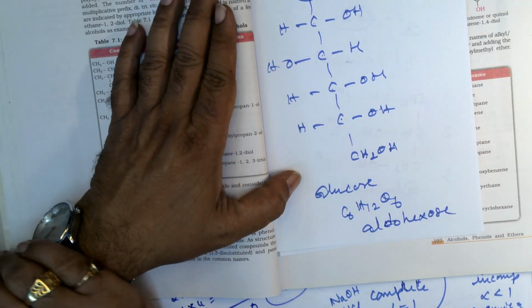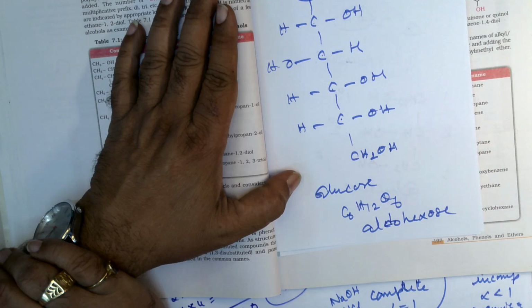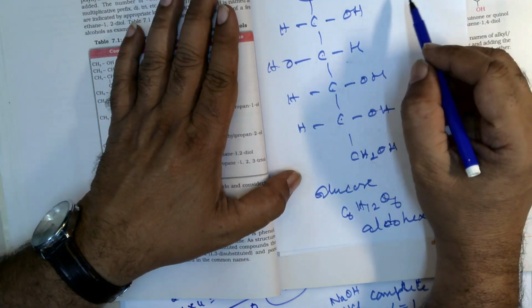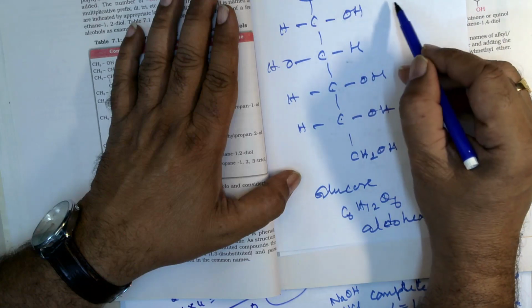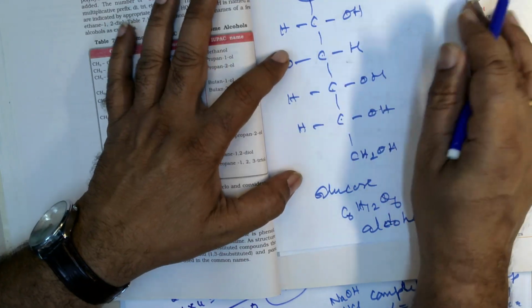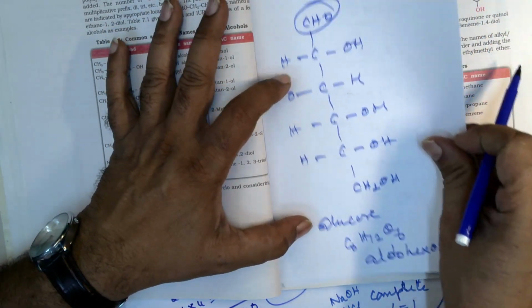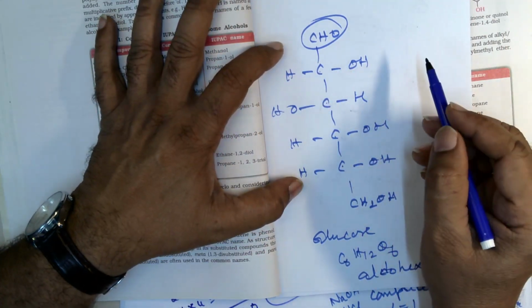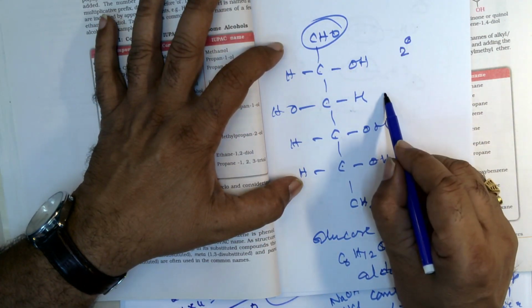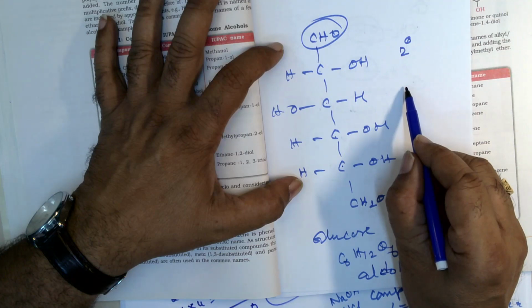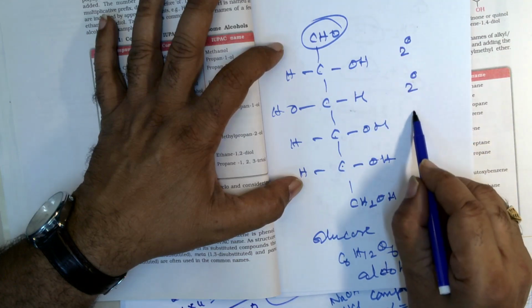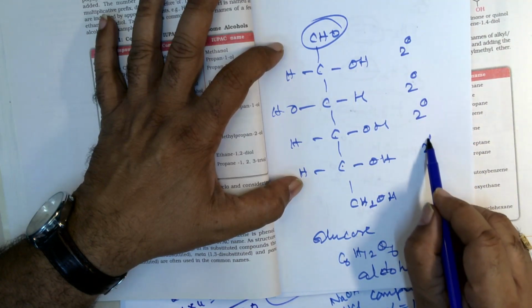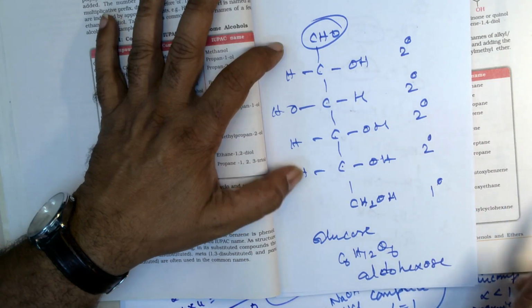Now you have to identify the type of hydroxyl group. Okay, can you try? What type of alcoholic group it is? This one, this one, secondary, this one, this one, this one. Very good.